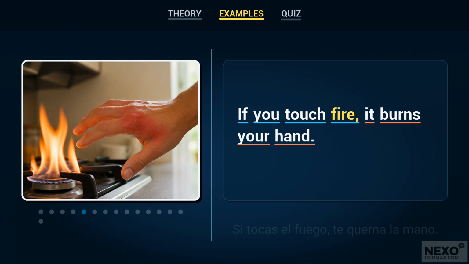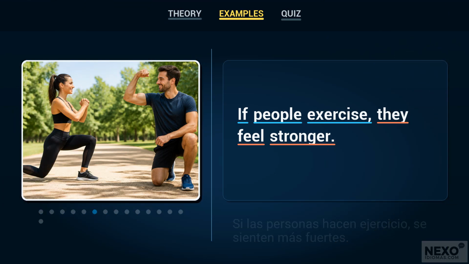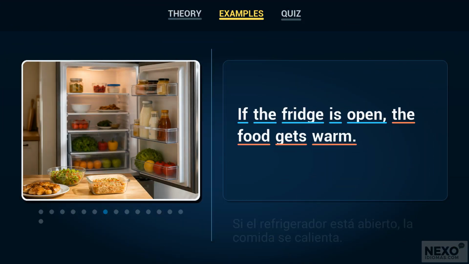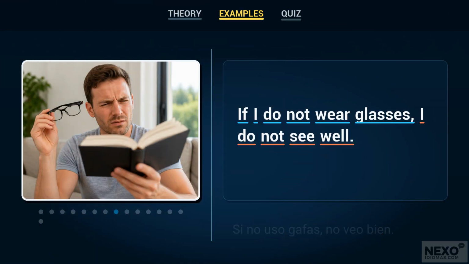If you touch fire, it burns your hand. If people exercise, they feel stronger. If the fridge is open, the food gets warm. If I do not wear glasses, I do not see well.